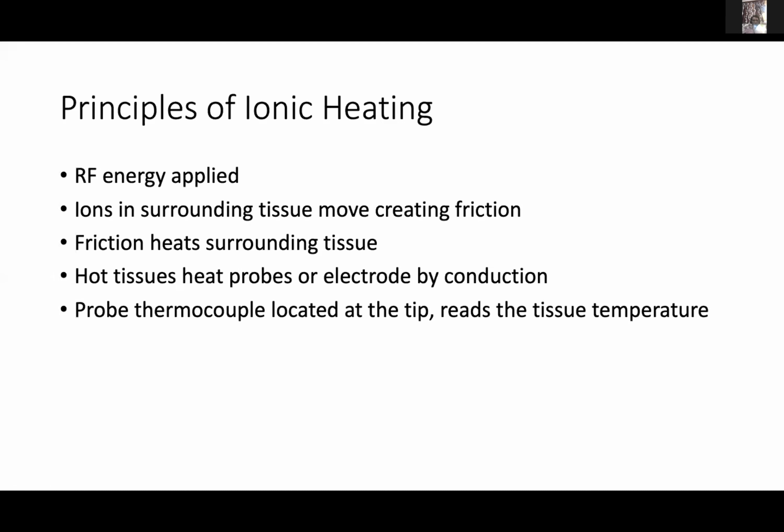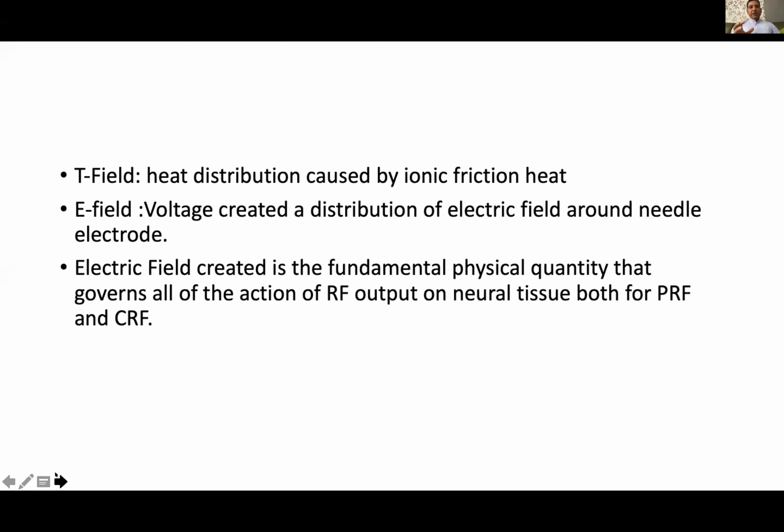There is a thermo probe located at the tip of the RF electrode and it reads the tissue temperature. So this is the basic principle. The thermal field created by the ionic friction creates a voltage that induces an electrical field, and this electrical field is the fundamental physical quantity which governs the action of RF on the neural tissue, in conventional RF and pulse RF.